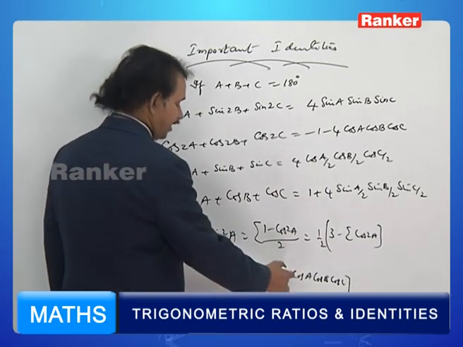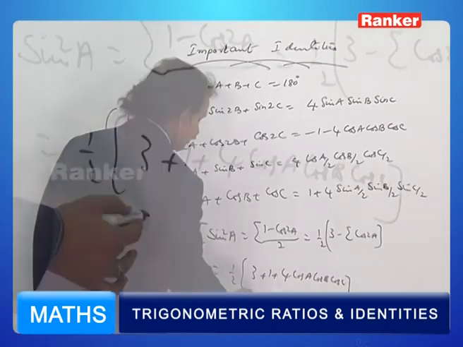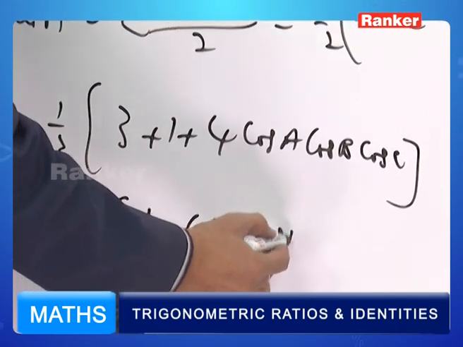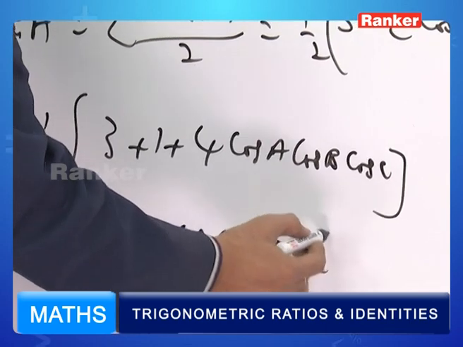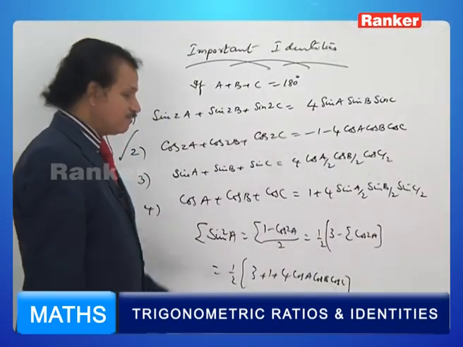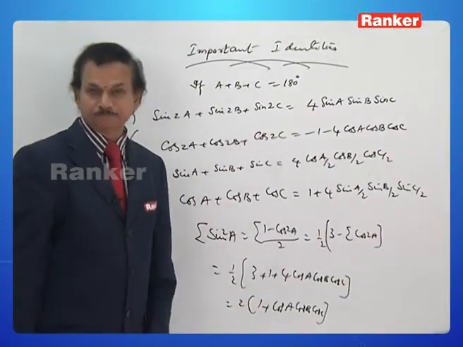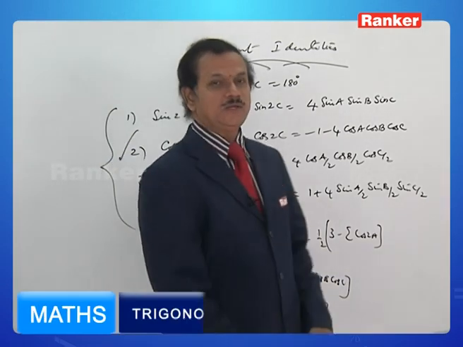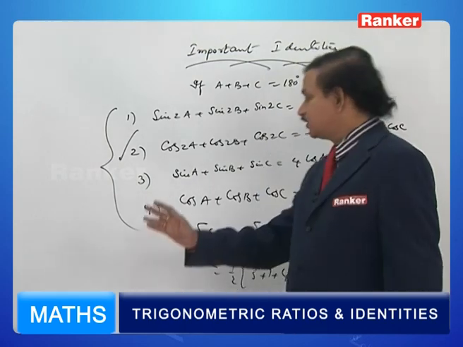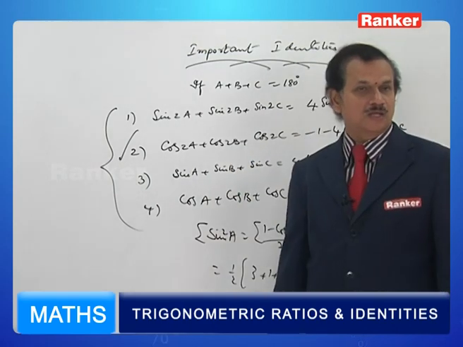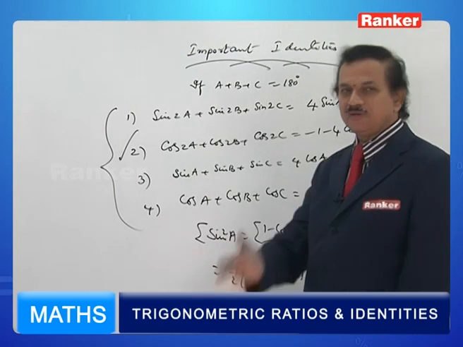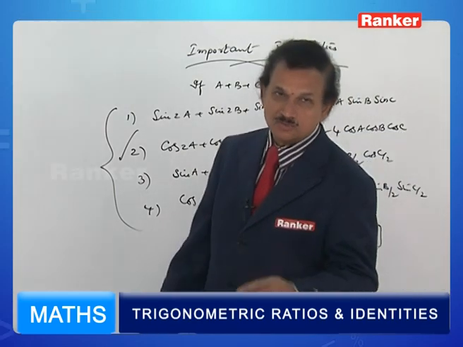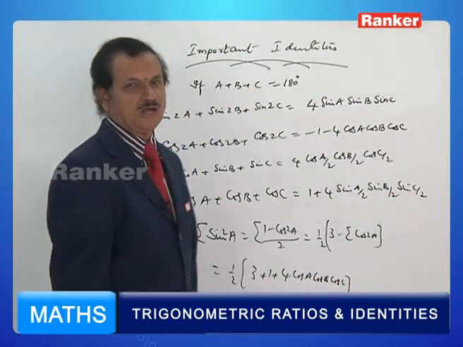You can take 4 out, so this is 2 into 1 plus cos A cos B cos C. This is sigma sin square A. So to get sigma sin square A, we make use of sigma cos 2A. This is helpful in so many other identities and problems also.